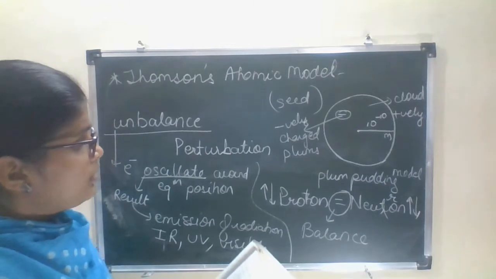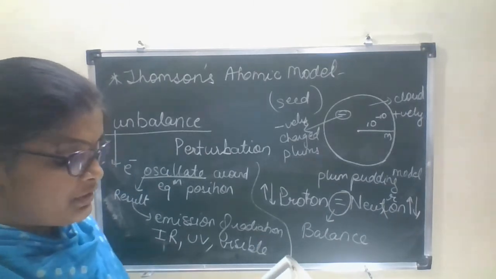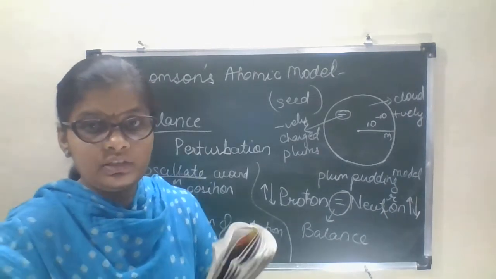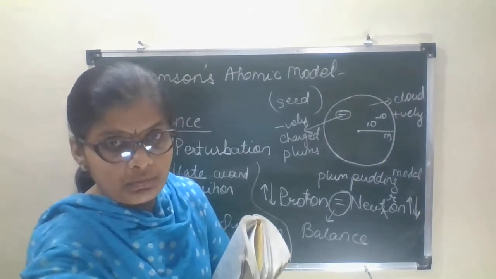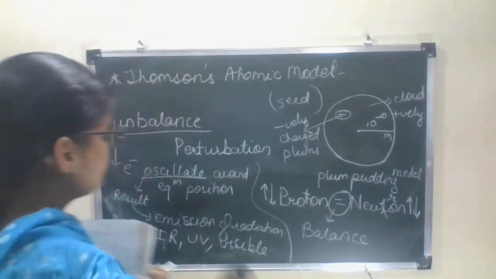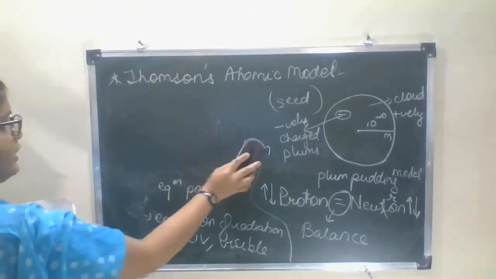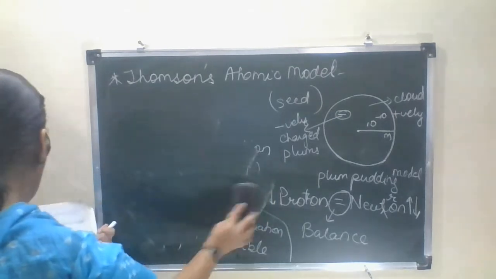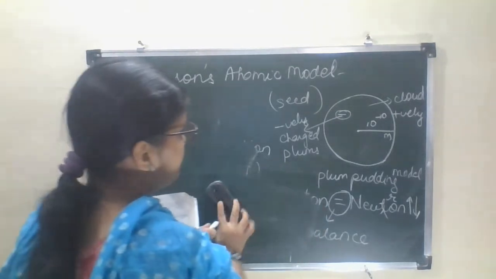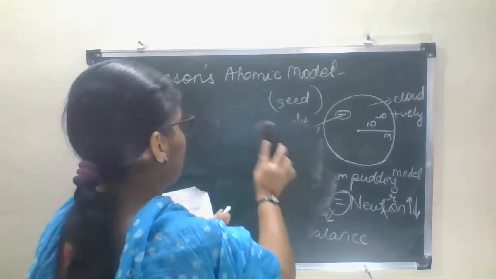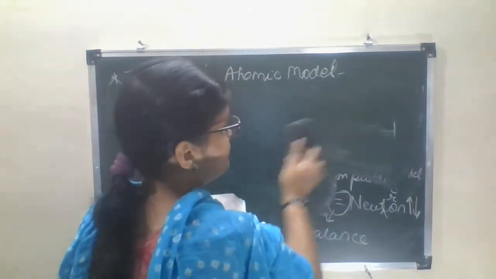Okay. Now, what is the failure of this atomic model? There are two failures of Thomson's atomic model. What are those? First, it could not explain the origin of the spectral lines in the hydrogen atom.